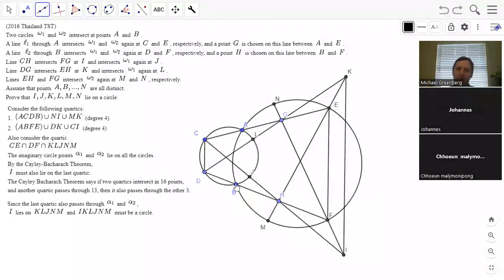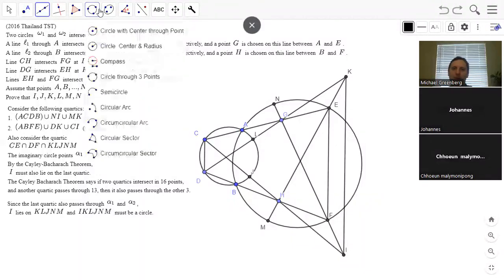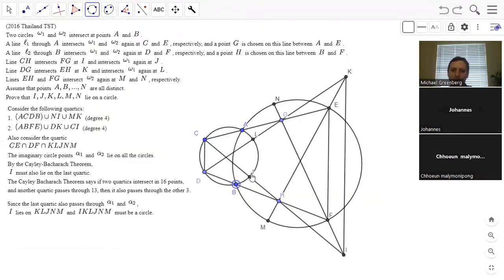I think this might be trivial. So BMH is BME, which is BFE, which is 180 minus BDC, which is BJC. So I think that solves it, because then we know that this is cyclic. Oh yeah, nice.